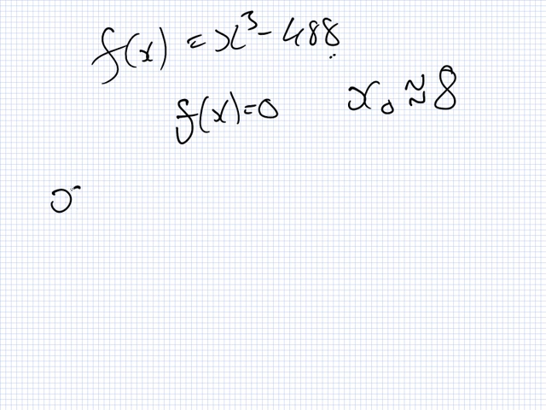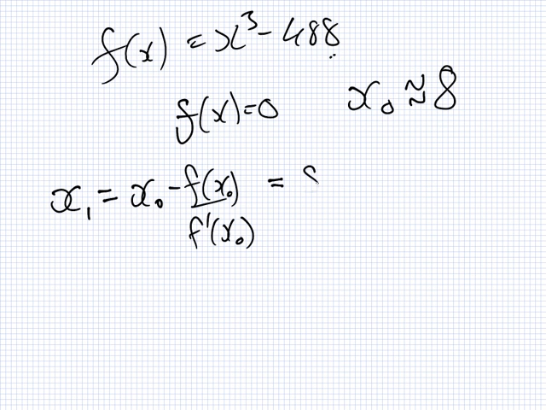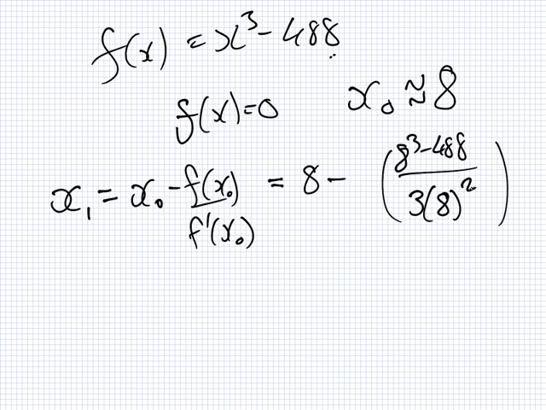So the first time, x1 equals, and the rule is x0 minus f(x0) over f'(x0). So that's 8 minus, and on the top we have 8 cubed minus 488, and the derivative is 3x squared. So whatever this works out as.